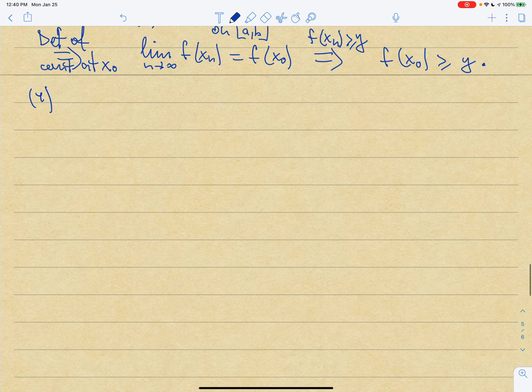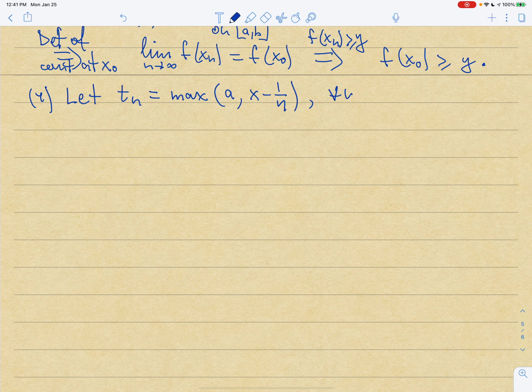And here let's introduce another sequence. So let Tn be equal to the maximum of a and x0 minus 1 over n.